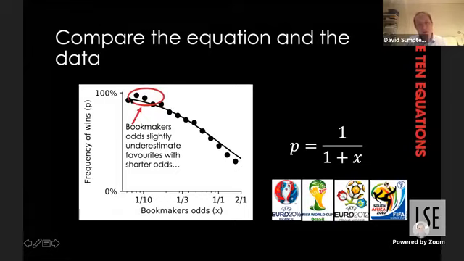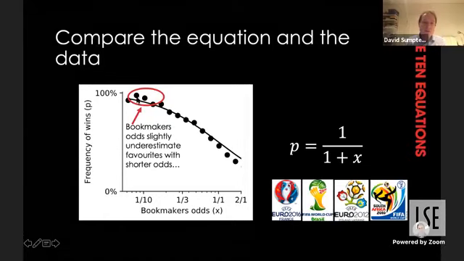The dots here are the bookmakers' odds for certain matches in the World Cup. The solid line here is what these odds would look like if they were fair, if there was no way of beating them. And that's expressed by this equation: P equals 1 over 1 plus X.